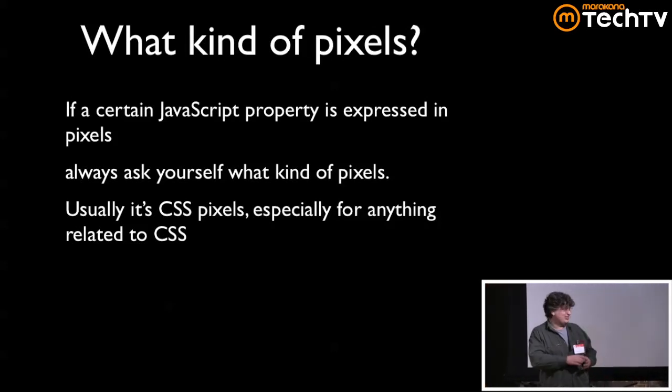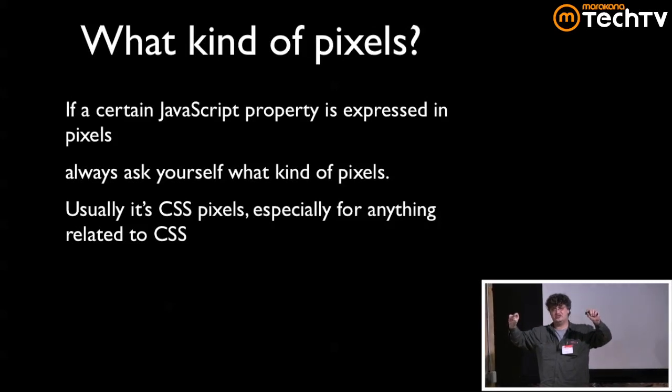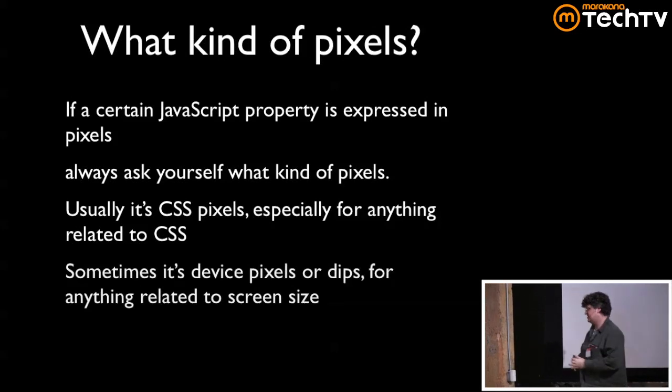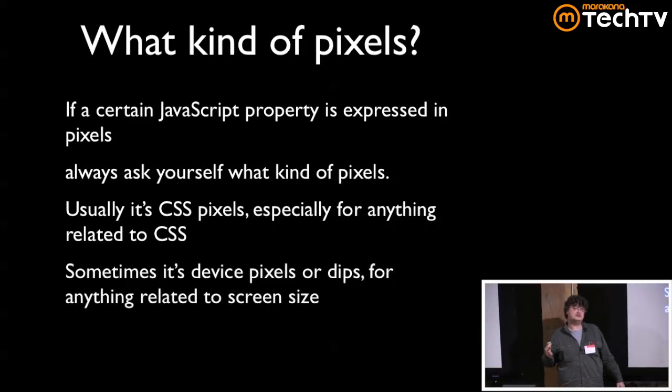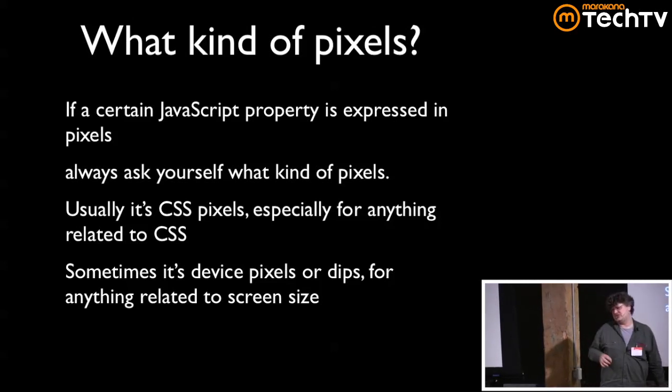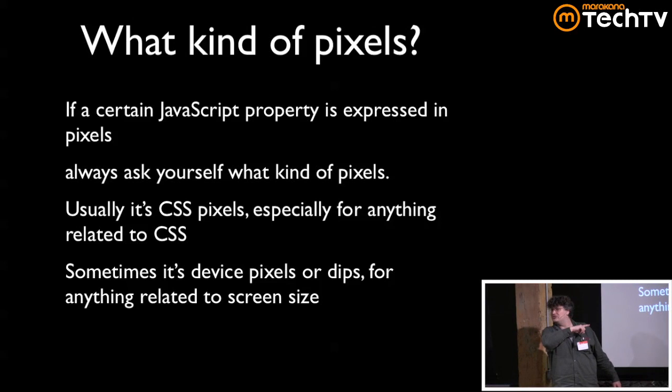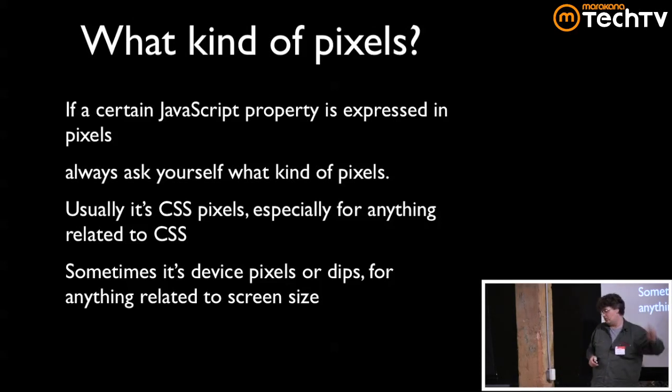We are not interested in how many actual physical device pixels this div is spanning. We want to know just the offset width of the div, and that is in CSS pixels. There are a few exceptions to this rule, the most important one of which I'll treat later on. Sometimes it's device pixels or dips. We've already seen an example of that, the meta viewport with device width, right? It used to work with device pixels and now works with dips.